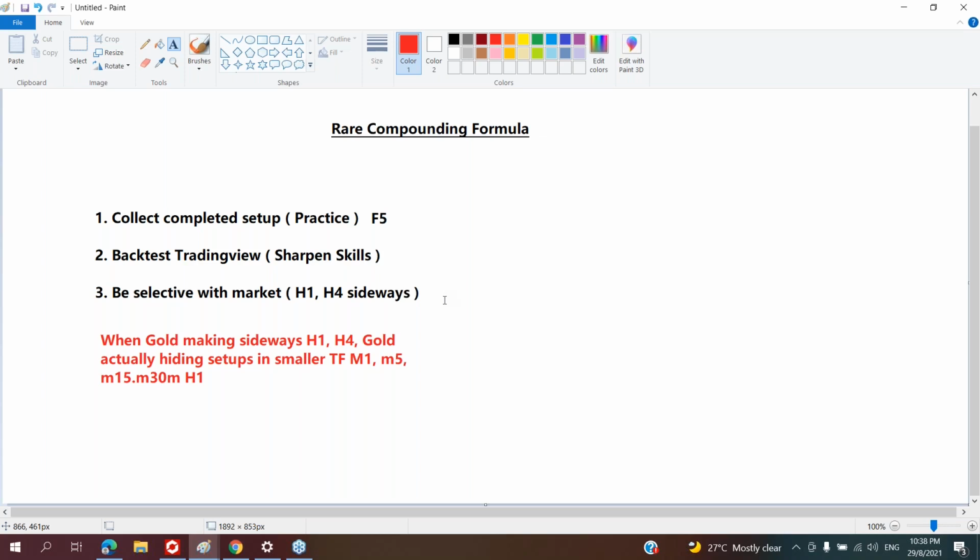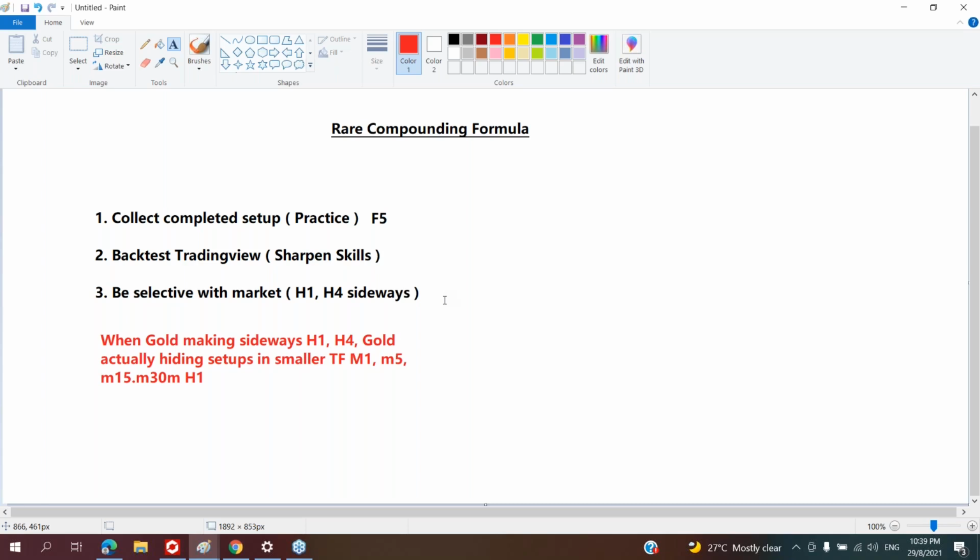Okay, any question, guys? Wait, your question is too long, I have to read. What was your winning percentage when you successfully compounded your account? I usually use rare compounding, which means this account is kamikaze, like a suicide account, whether I'm going to lose or I'm going to win.